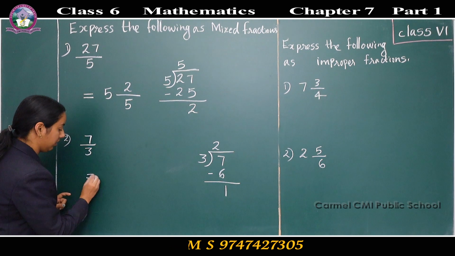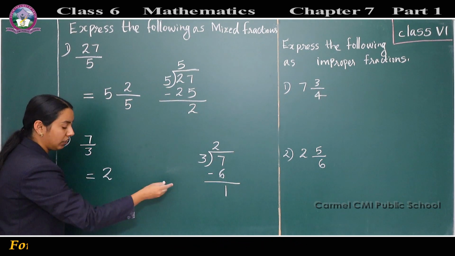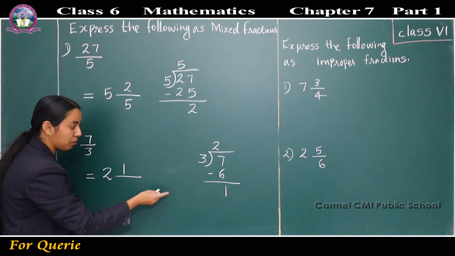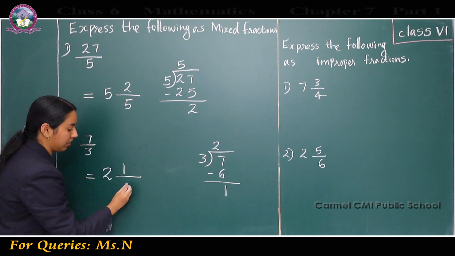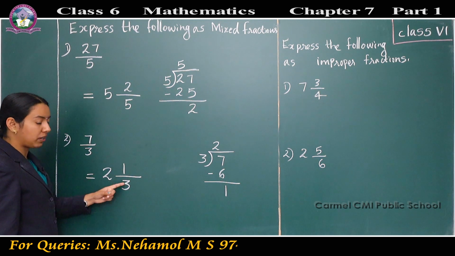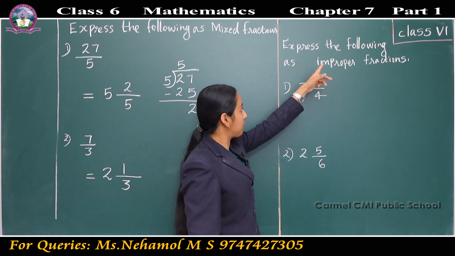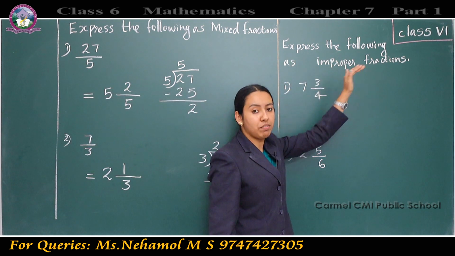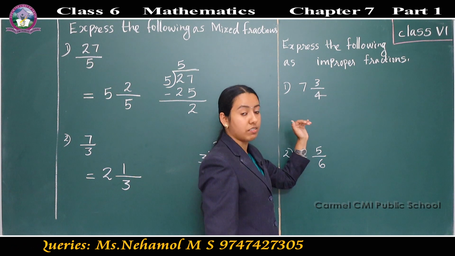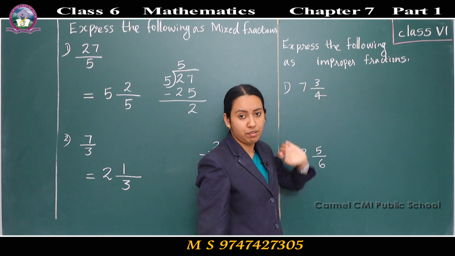Then first write the quotient, then the remainder by divisor. 2 1 by 3 is the corresponding mixed fraction. Next question, express the following as improper fractions. Mixed fractions are given here. We have to convert them to improper fractions.